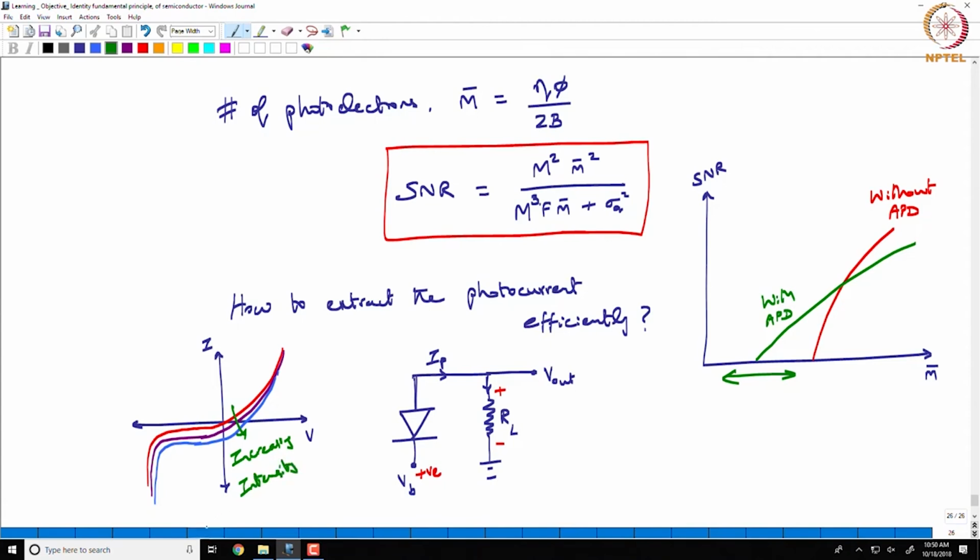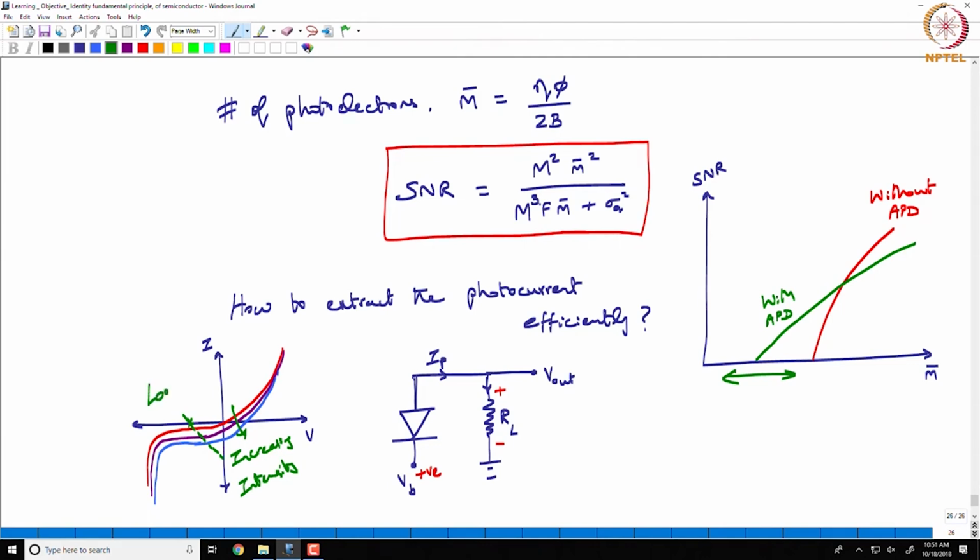Okay. But because of this, what we are saying is we are starting with some reverse bias over here, but as you increase the intensity, the photocurrent is increased, and that is actually reducing the effective bias across the photodiode. So, my load line, the so called load line, is going to be like this.